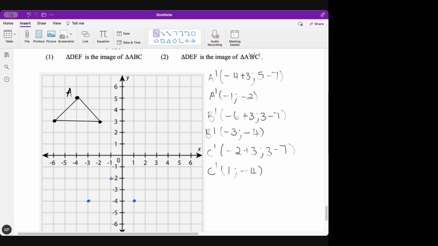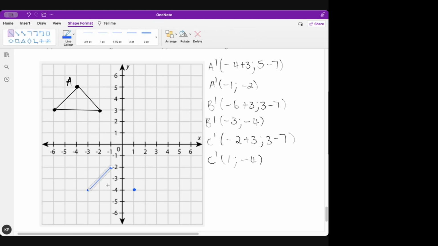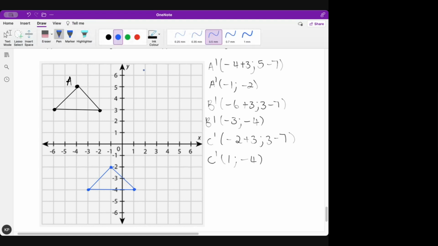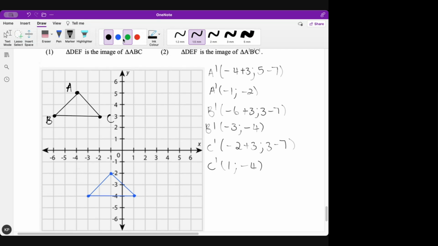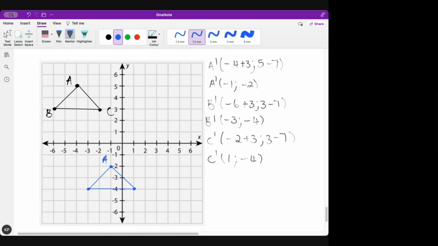Personally, I prefer this method because I know 100% I have translated this properly. So this one will be A prime, B prime, and C prime.